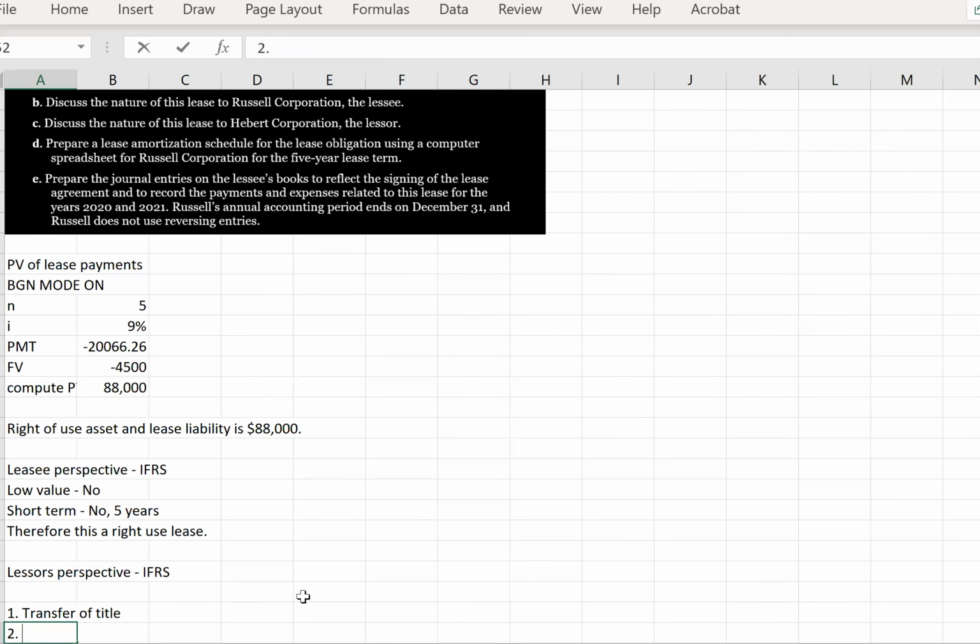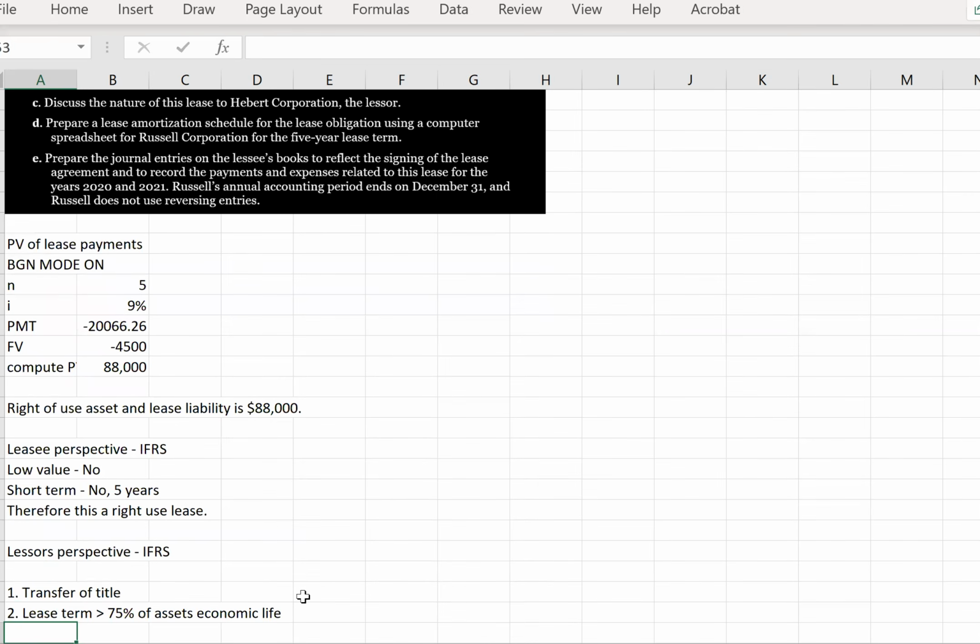We've got, and I'm using these bright line tests from ASPE, but we can use them as a guideline under IFRS as well, is the lease term greater than 75% of the asset's economic life? And is the present value of the lease payments greater than 90% of the asset's fair market value?